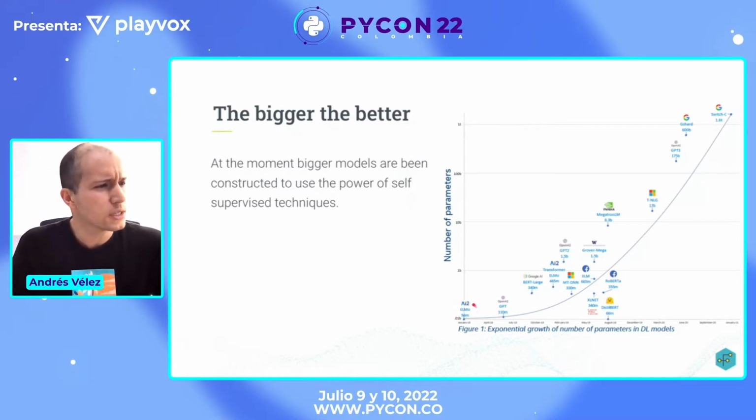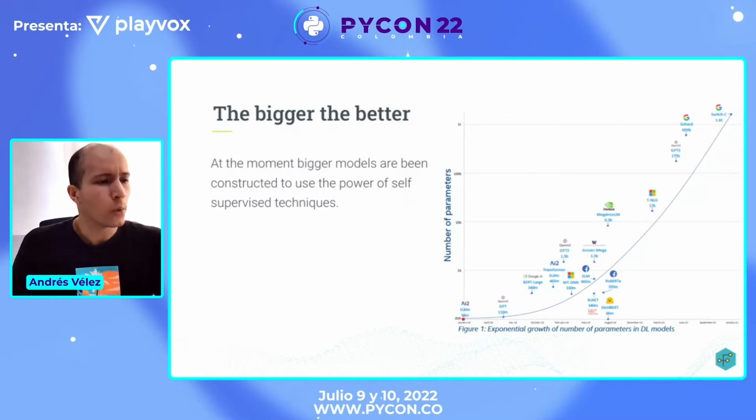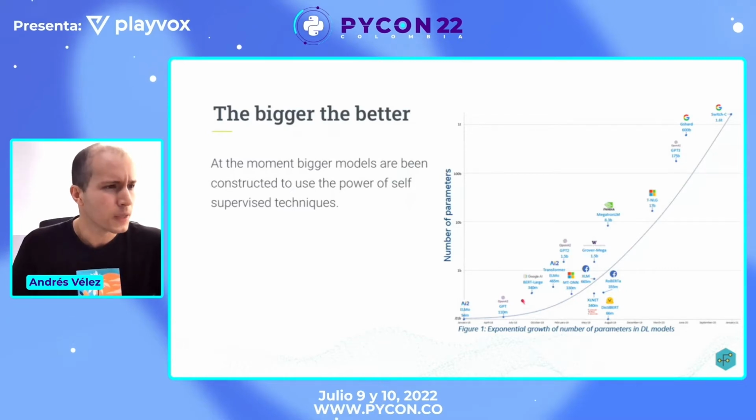So since 2018, with the launch of ELMo with 94 million parameters, we have seen an exponential trend in this behavior. GPT, when it was launched, had 110 million parameters, and then the first version of BERT has 340 million parameters.